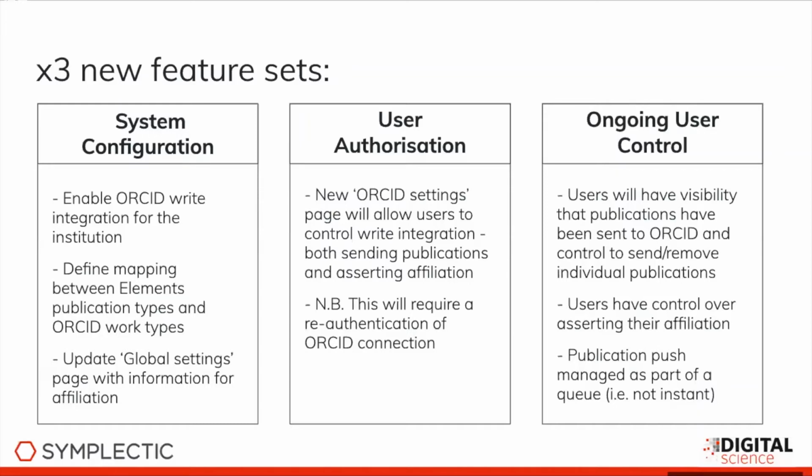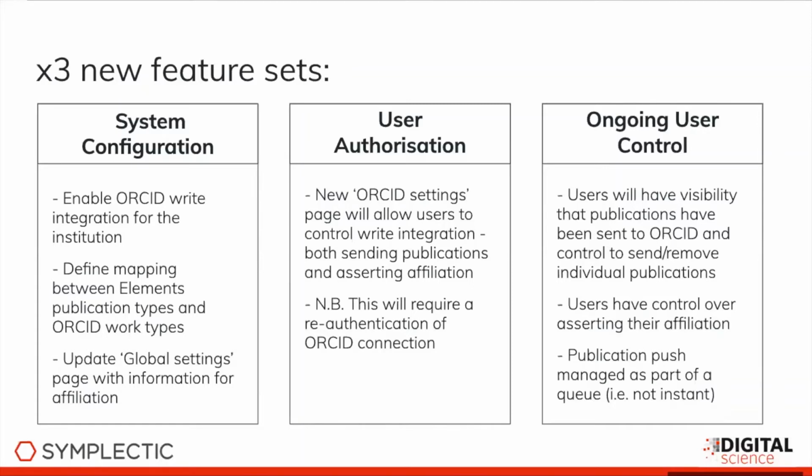If this has been done, then the system administrator can define what work type that represents in ORCID, so when it gets sent across to ORCID, how should that be represented there? The global settings page in Elements also contains the information about the affiliation, which gets sent to ORCID when the user asserts their affiliation in ORCID.